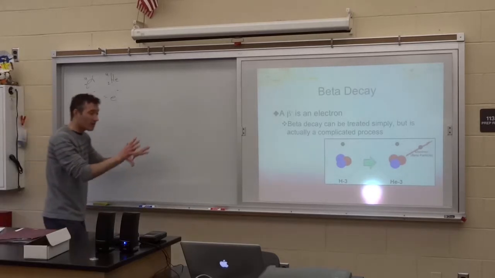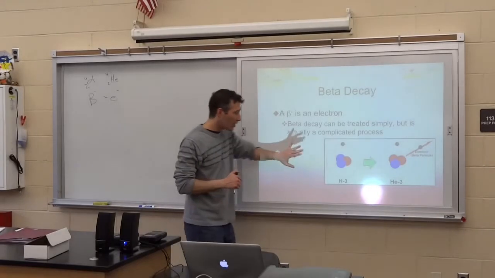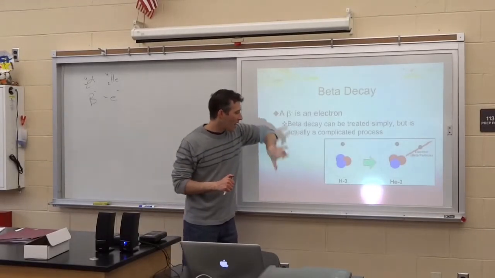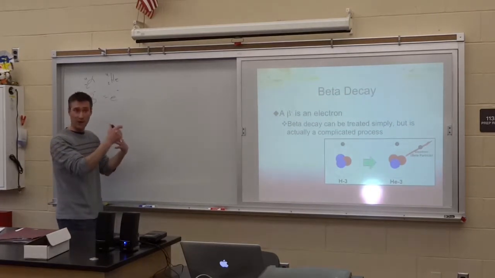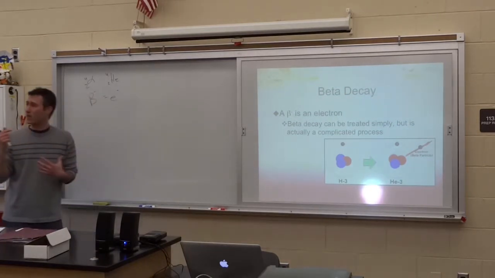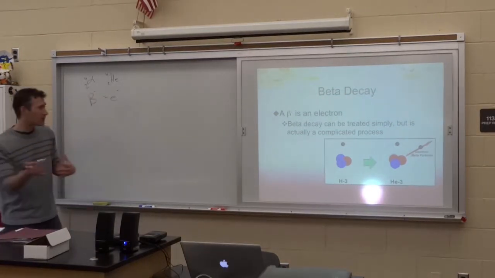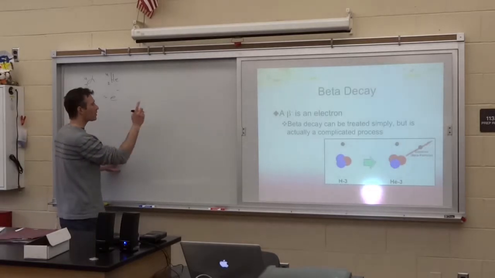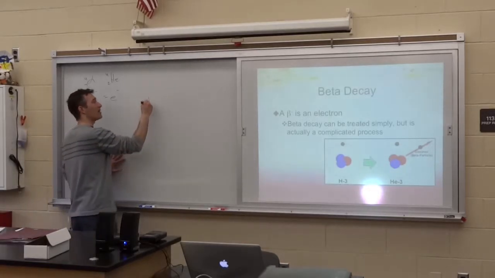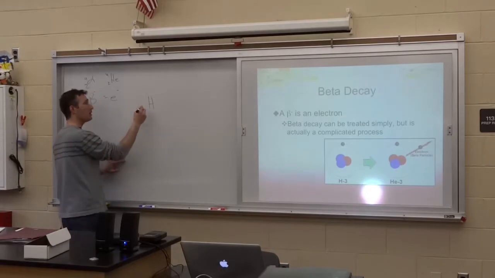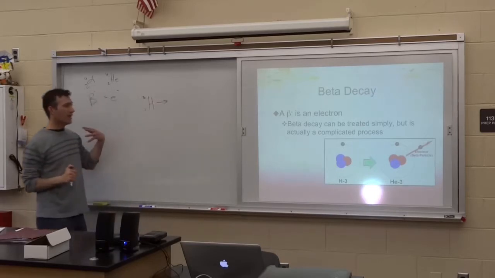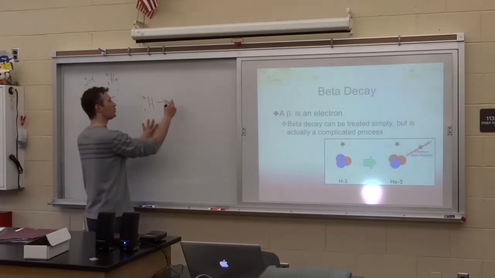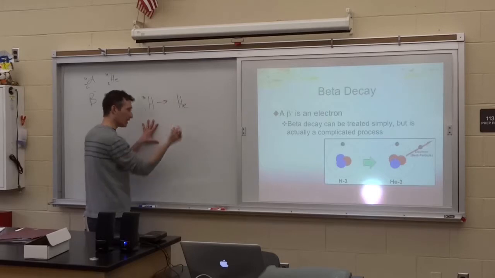And we can keep track of that with our chemical inventory. So here we have a hydrogen-3. We call that tritium. It's one of the very few isotopes that actually has a special name, not just the same name as the element. Chemically I would write that H for hydrogen, 1 for the proton number, 3 for the mass number, and that will spontaneously decay into a helium-3.